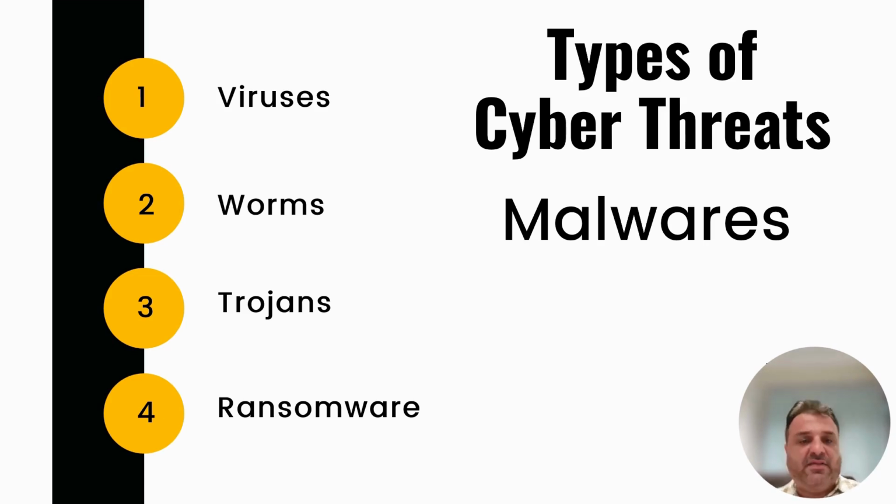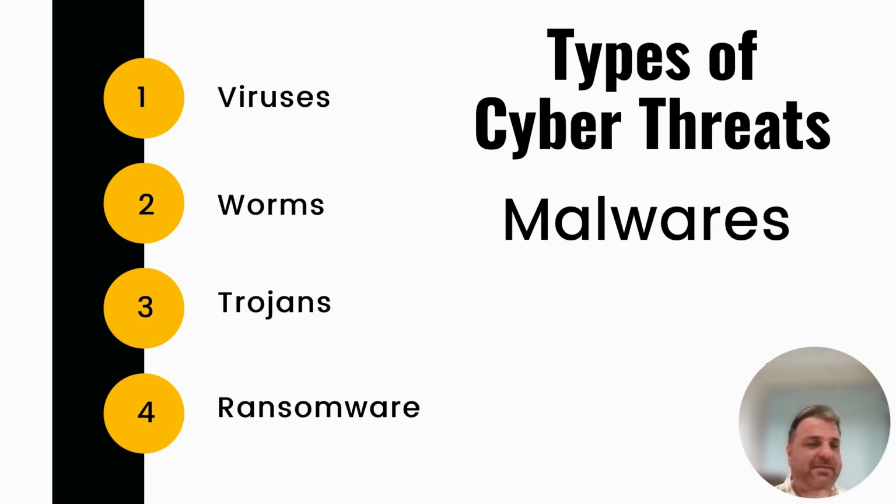The third one is Trojans. Trojans disguise themselves as legitimate software but perform malicious activities. In a Trojan we also must use a holder, for example, an image or a file or anything else. And ransomware encrypts data and demands a ransom for the decryption keys.